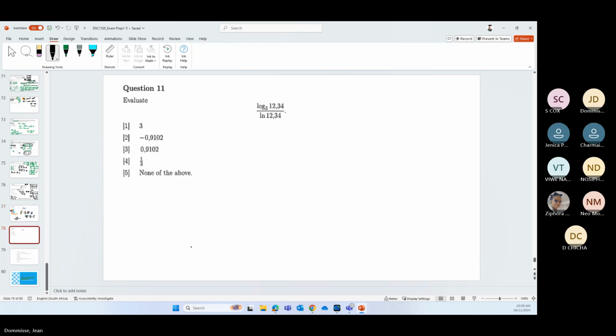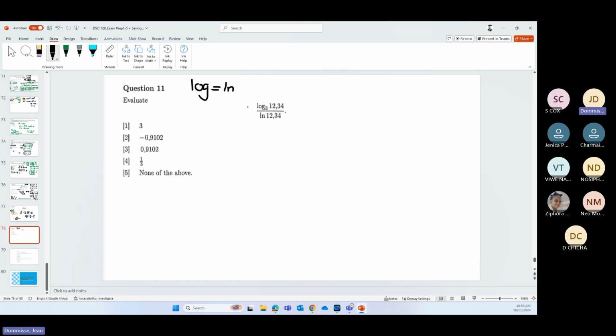Okay, logs. The first thing about logs, log and ln is exactly the same thing. So on some calculators, you've got log. On other calculators, you've got ln.